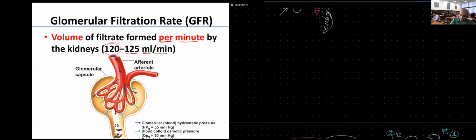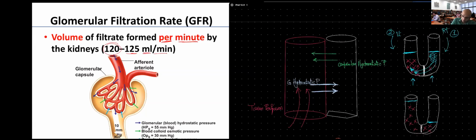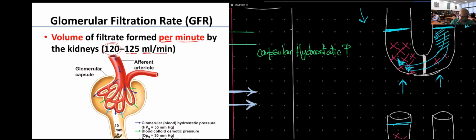So the glomerulus here has higher solute concentration. So what does this mean for me? If I have higher solute concentration, would I be pulling water towards me or would I be pushing the water away from me? High solute concentration on here, lots of solutes. What happened to the side with high solute?